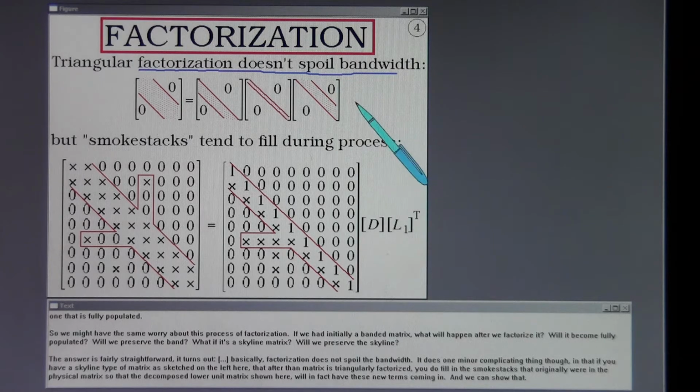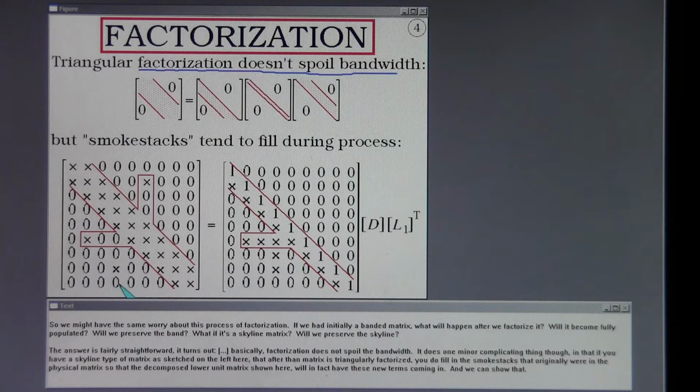It does one minor complicating thing, though, in that if you have a skyline type of matrix as sketched on the left here, after that matrix is triangularly factorized, you do fill in the smokestacks that originally were in the physical matrix, so that the decomposed lower unit matrix shown here will in fact have these new terms coming in. And we can show that.